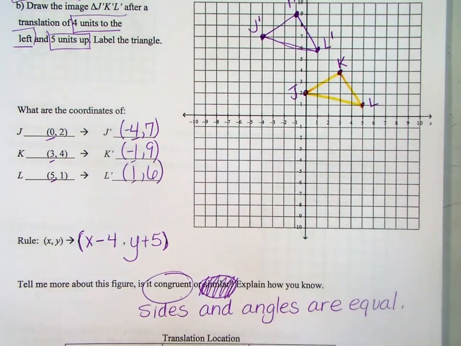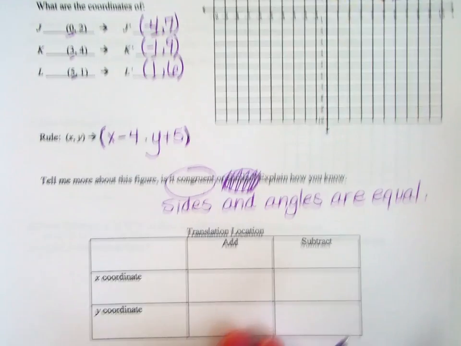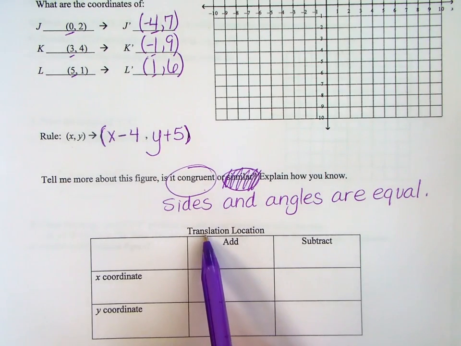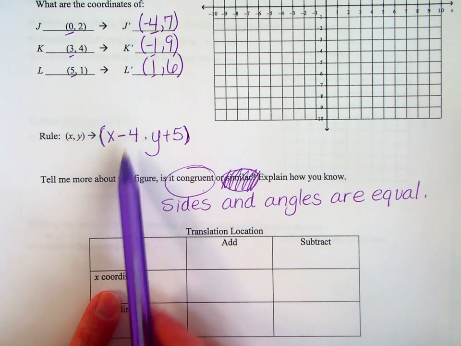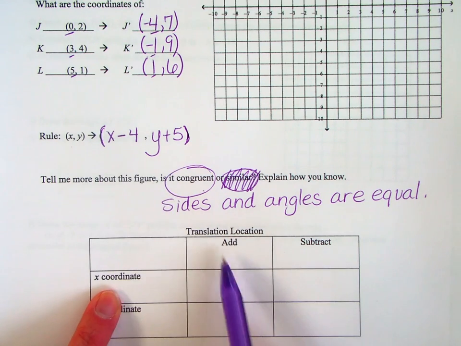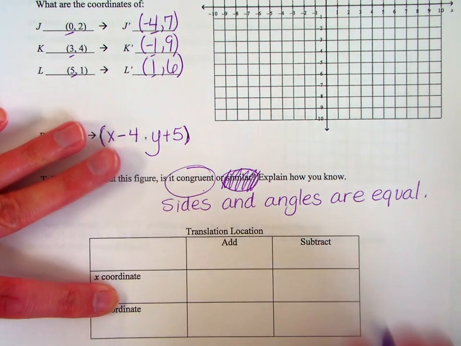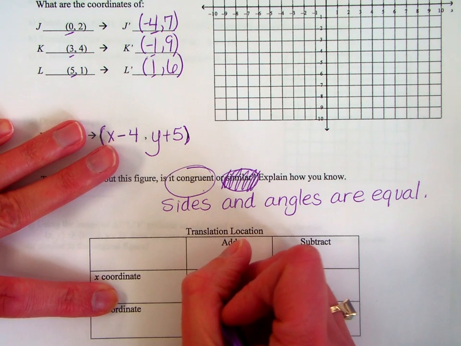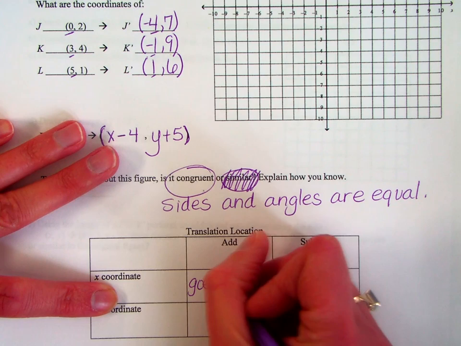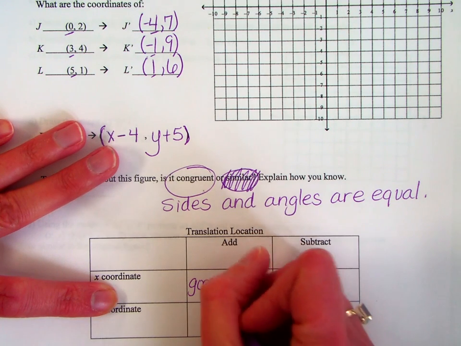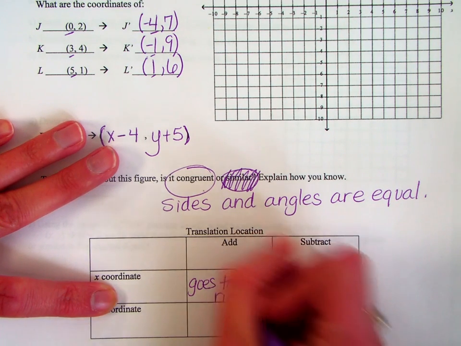Okay, notice your translation location for your x-coordinate, this kind of helps you when you're writing your rules. You're always going to add if it goes to the right. So if we move to the right, we'll be adding to the x value.